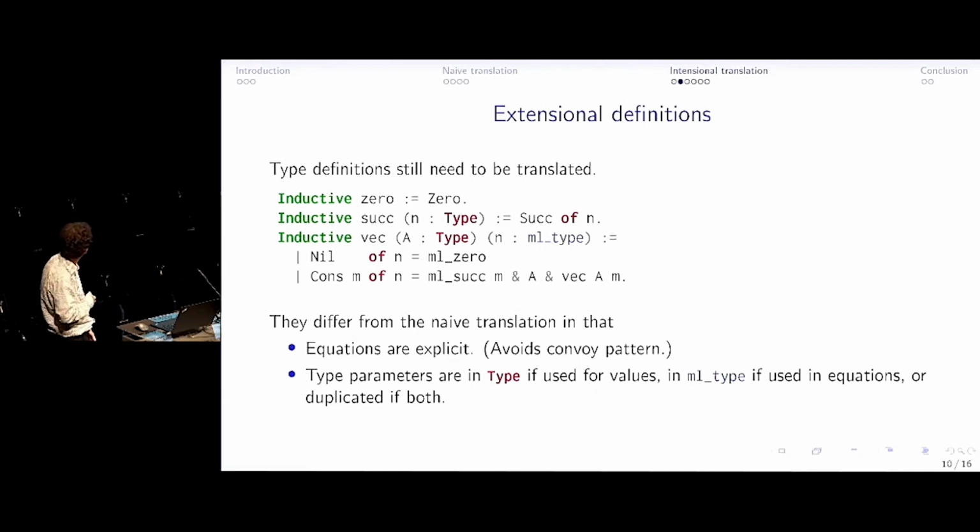I will insist first on the second point: when I translate indices of GADTs, normal type parameters are still going to be in type, of course, but indices are going to be in ML type, because then I can really handle equations on them. And the other thing is that I keep the equations explicit, because then I don't need a convoy pattern when I want to use the equation. But it's a rather technical reason. It would be perfectly correct to still do it the original way.